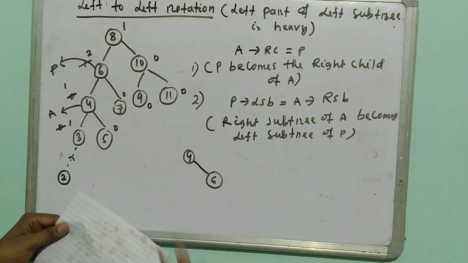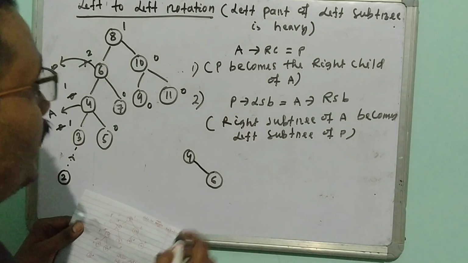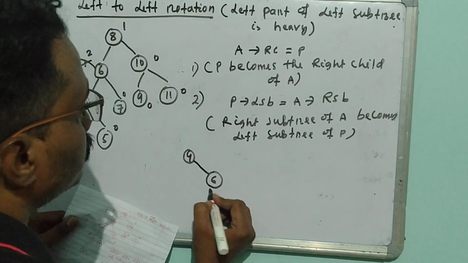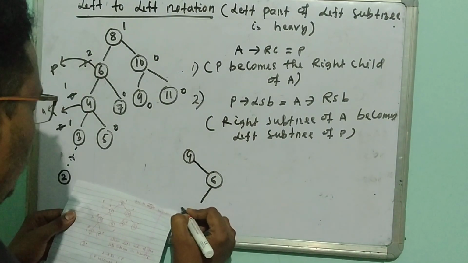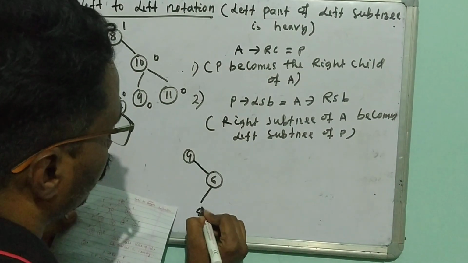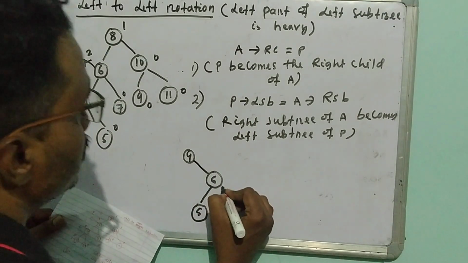The right subtree of A. A is 4, the right part is 5. So the left subtree of P is 5, and the rest of the part remains as it is.